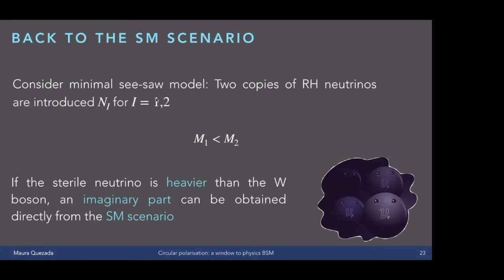However, in this case, the two heavy neutrinos added in this model are going to be heavier than the W boson. So in that case, we will be able to generate an imaginary component in loop decays, and that means that we will be able to see some CP asymmetry.